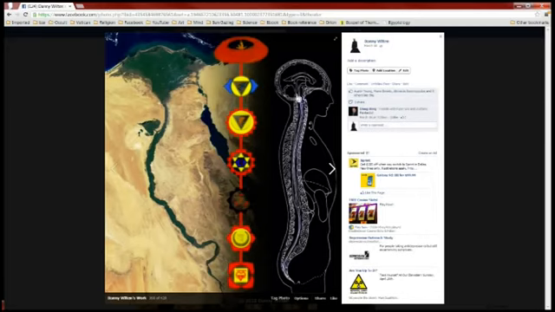This is the same depiction, basically. And so this is what's happening right here. So the pyramids represented that area where the two lotus flowers were tied together, representing the union of Upper and Lower Egypt.